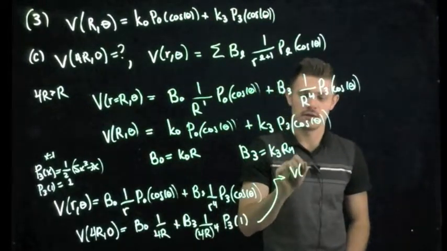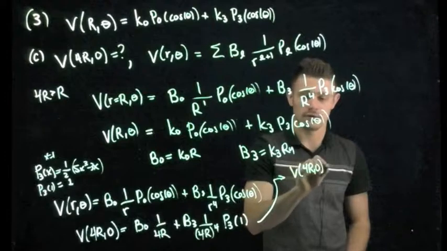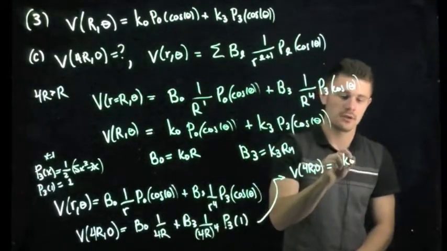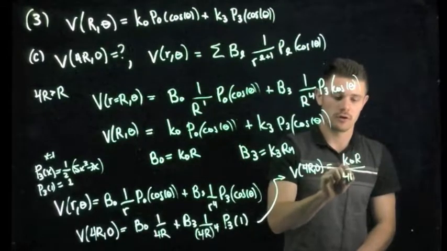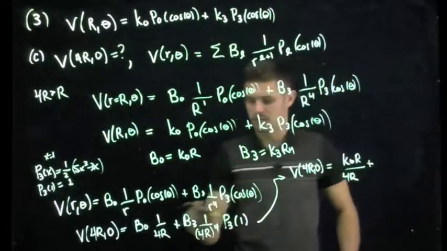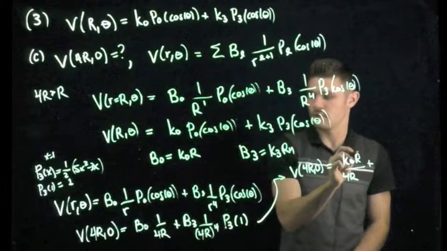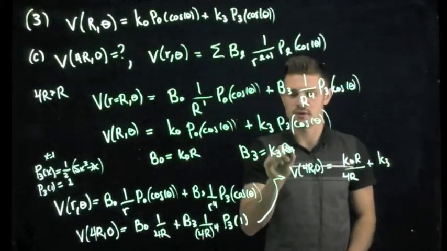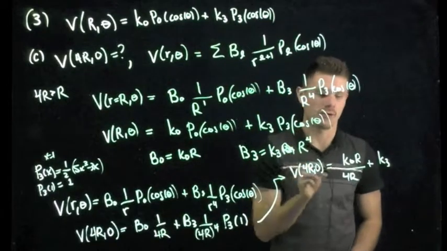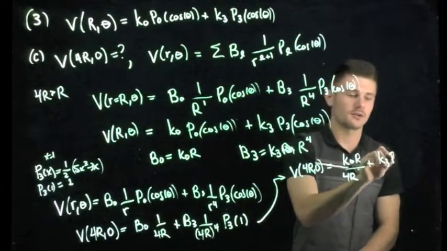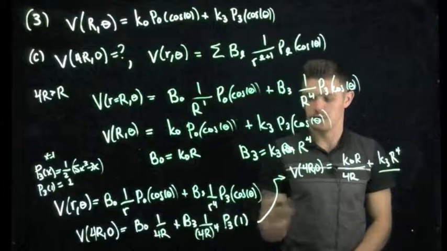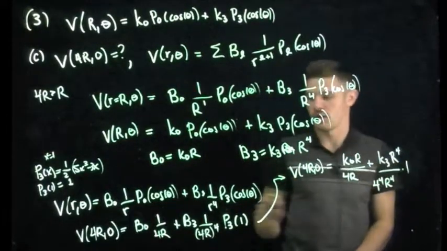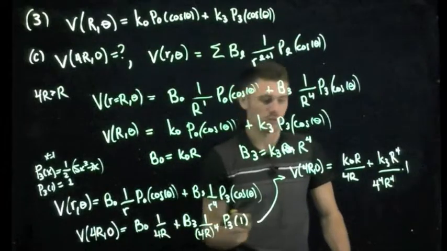So we have V of 4R and 0 is equal to B0, substituting in just gives me K0 times R over 4R, plus, substituting all these terms in, I have B3, which is K3, sorry, this is not R sub 4, it's R to the power of 4, K3 R to the 4th divided by 4 to the 4th, R to the 4th, times 1, because P3 of 1 is just 1.